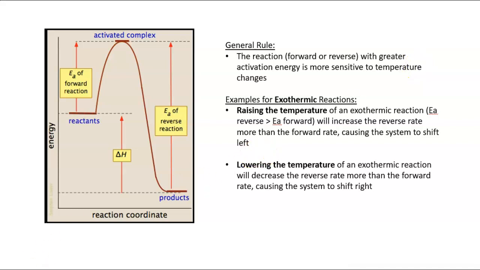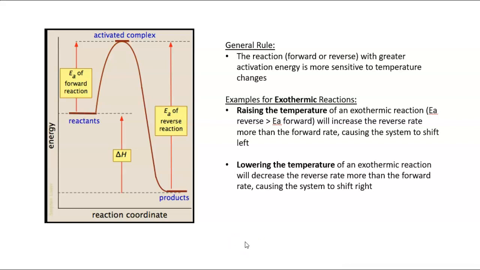If we raise the temperature of a system, both forward and reverse rates will increase. But whichever reaction has the higher activation energy increases more. Meanwhile, if we drop the temperature of a system, both the forward and reverse rates will decrease, and whichever reaction, forward or reverse, has the greater activation energy will decrease more.